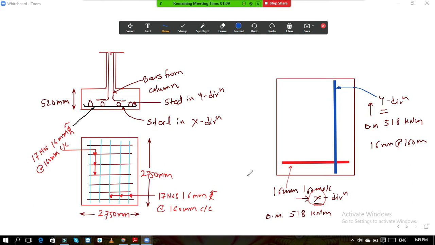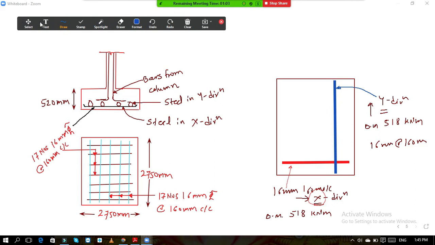So if you see the same diagram in section. Okay, now if I draw the same diagram in section, now see, this is your footing, and above this, here your column will be there somewhere.